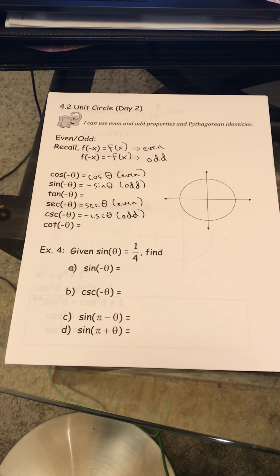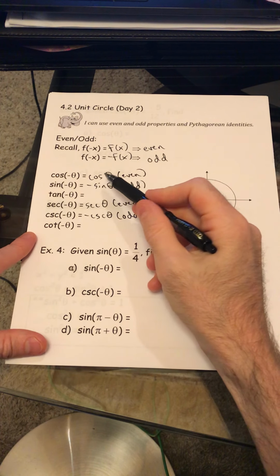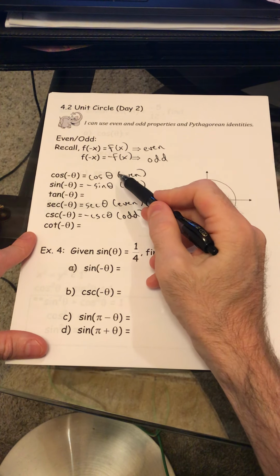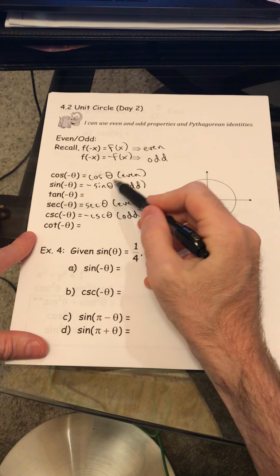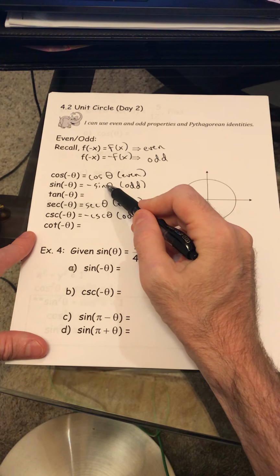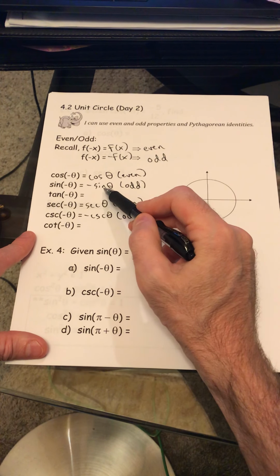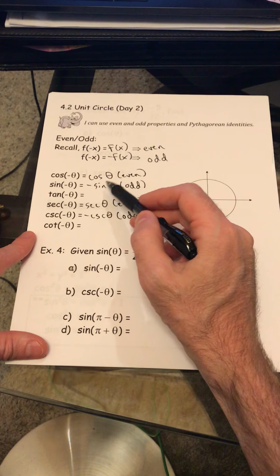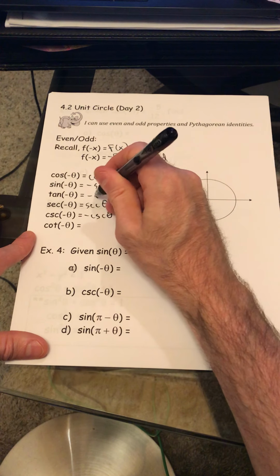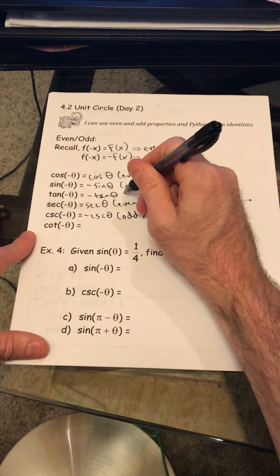Now, as far as how tangent works, well, tangent is sine over cosine. So if we took sine of negative theta over cosine of negative theta, it's negative over a positive, so tangent is also odd.